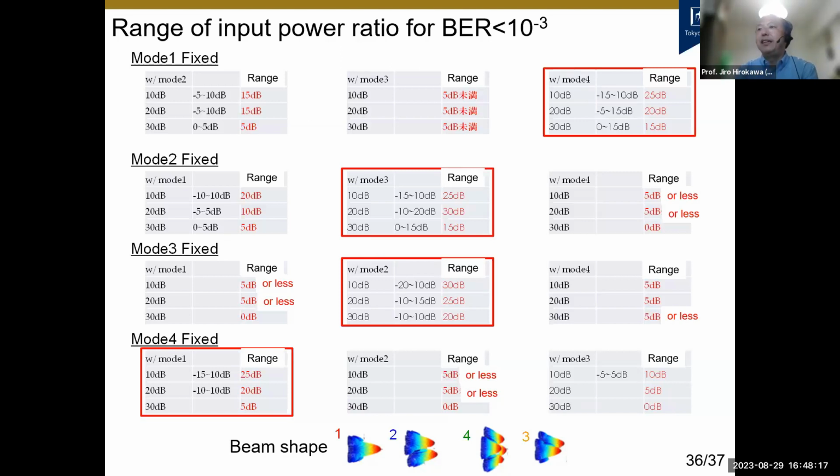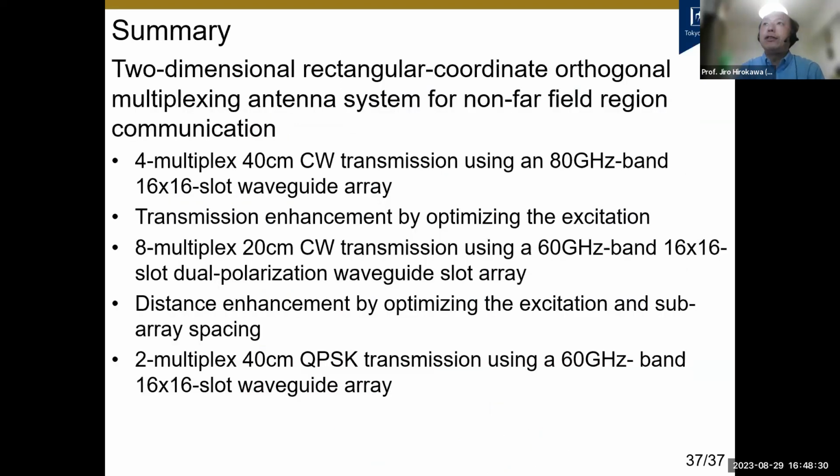So a good combination of beam shapes gives a wider range of the input power ratio. In conclusion, I have shown you the recent results of the two-dimensional rectangular coordinate orthogonal antenna systems for non-far-field region communication. Thank you very much.